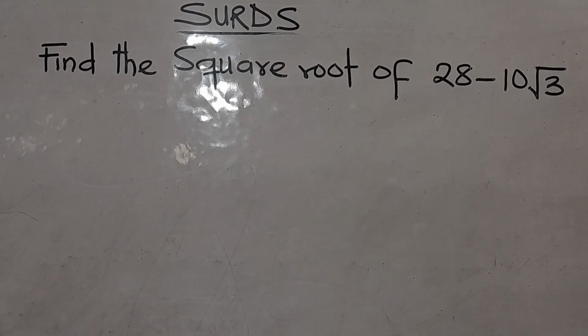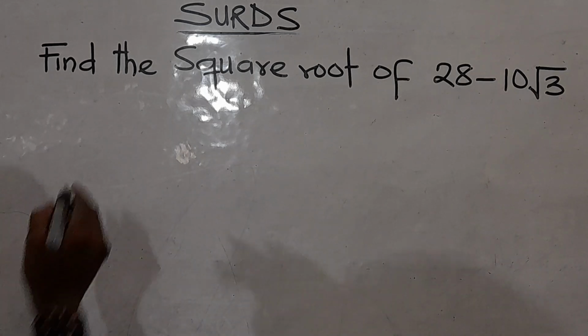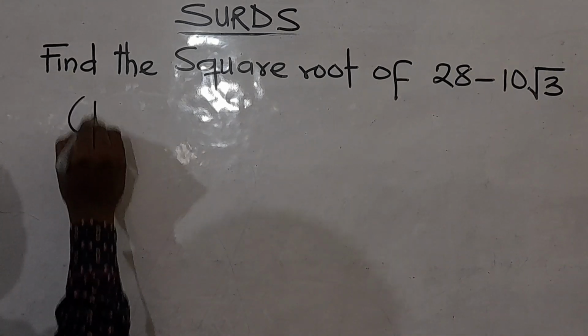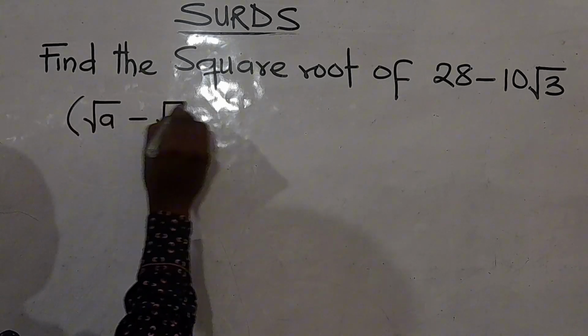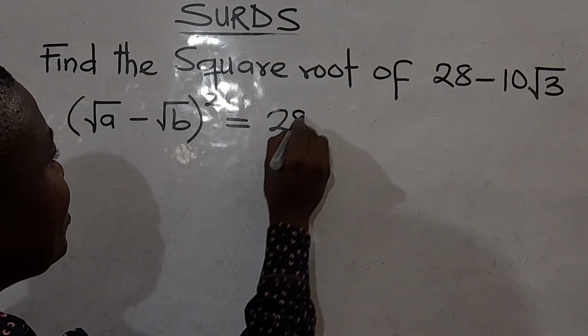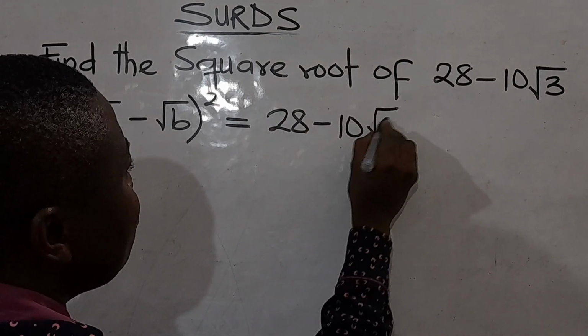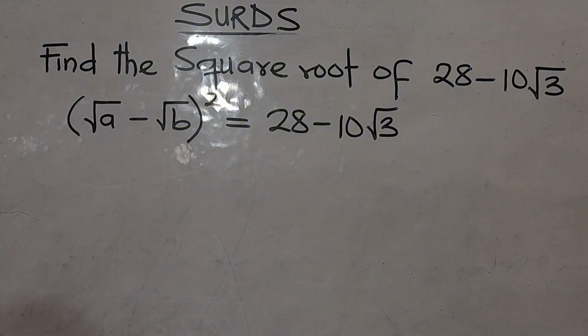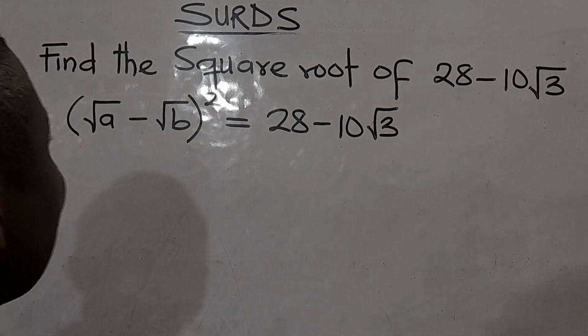Now, for us to find the square root of that, we will need to go this way. The square root of that number will be something like this: root A minus root B all squared gave us 28 minus 10 root 3. Definitely something like this gave birth to that. So how do we continue with it? What we do is we expand this.